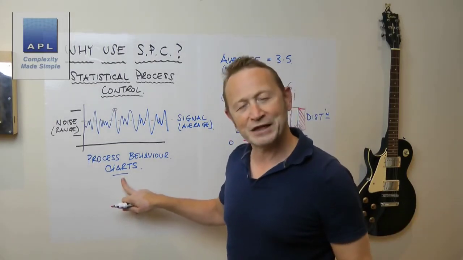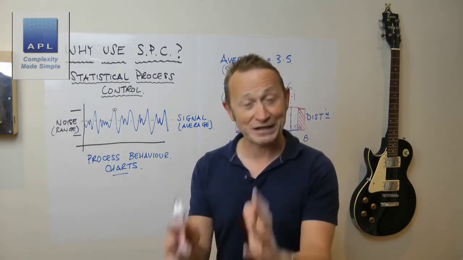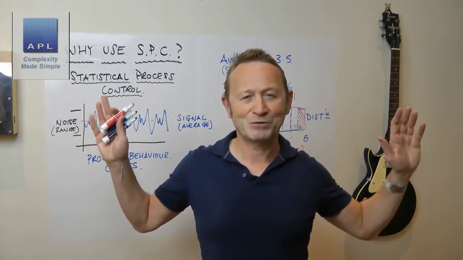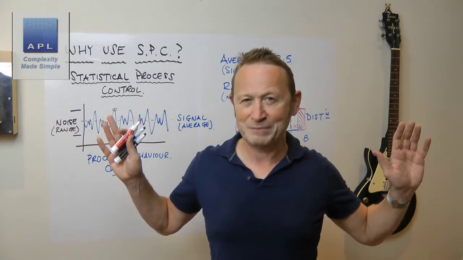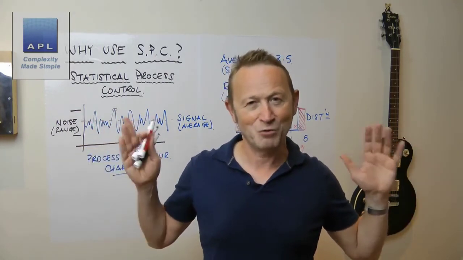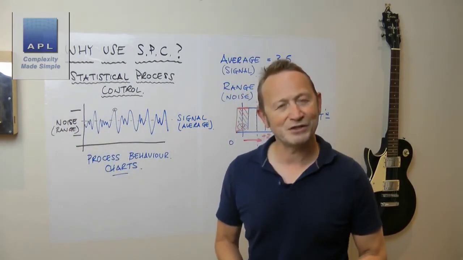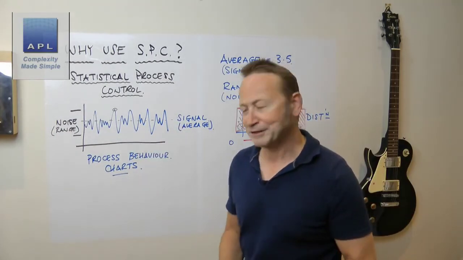What we want to communicate to the operator is the natural process behavior. And whilst that natural behavior is going on, what will they do? They will take their hands off, they will drink tea and read the paper, because that's the best thing an operator can ever do when they are controlling a process. And that's what SPC helps you to do. Keep your hands off and make more money.